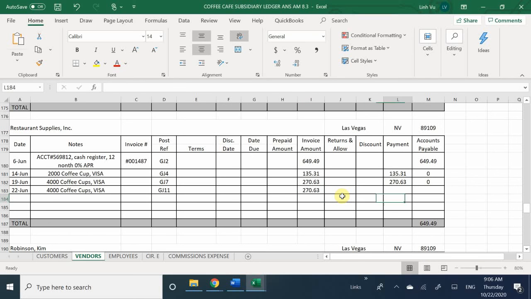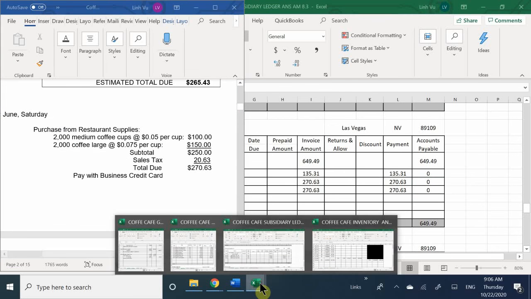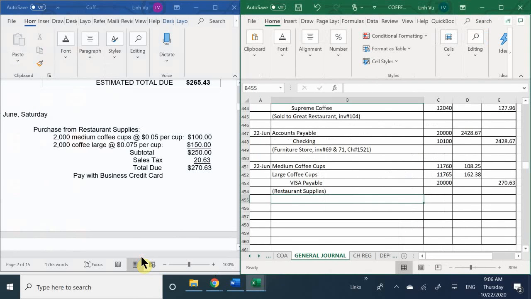And then it should be zero. It should be 0. Good.